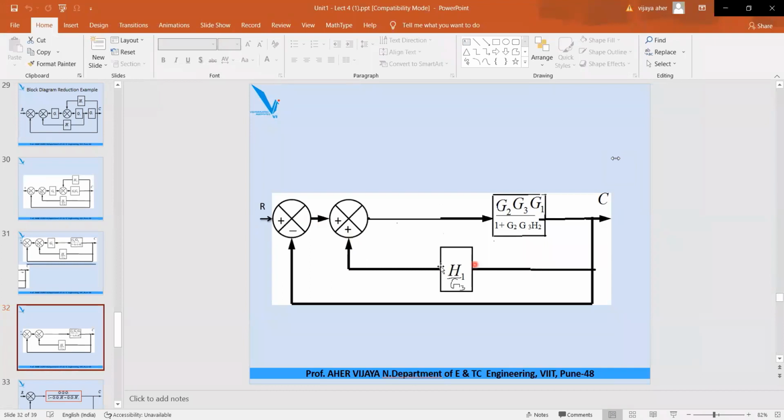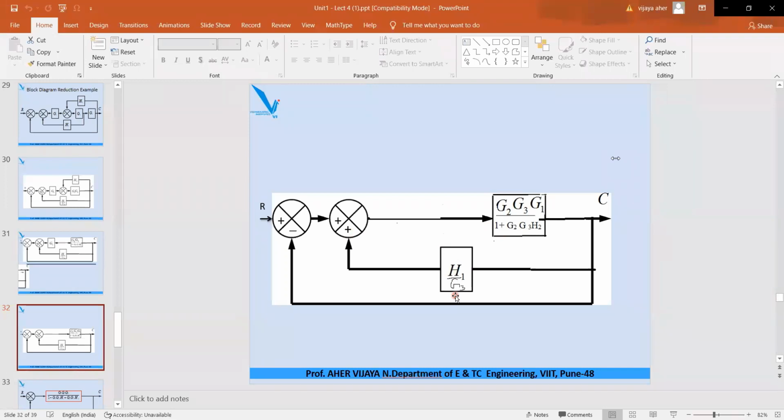Instead of this closed loop control system, you can write one block only with transfer function G1 G2 G3 divided by 1 plus G2 G3 H2, divided by 1 minus, here there is plus, now 1 divided by 1 minus all this term into this term. So do it theoretically and let me know what the transfer function is.